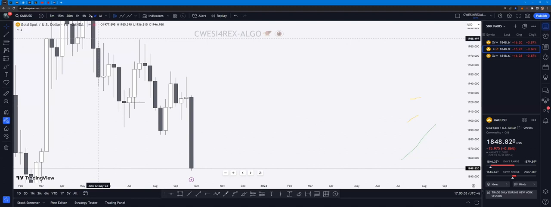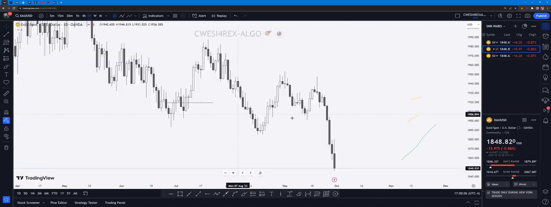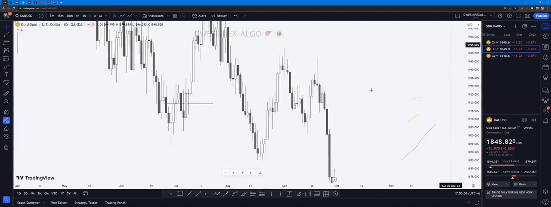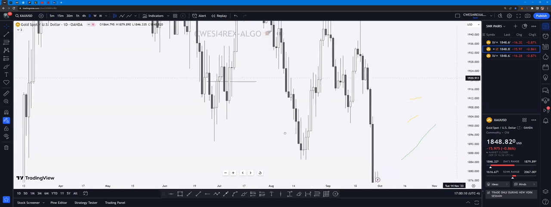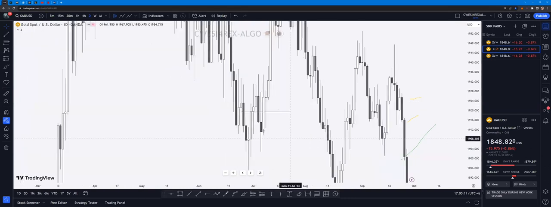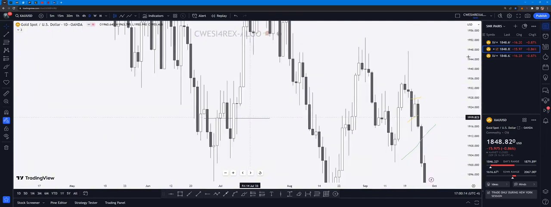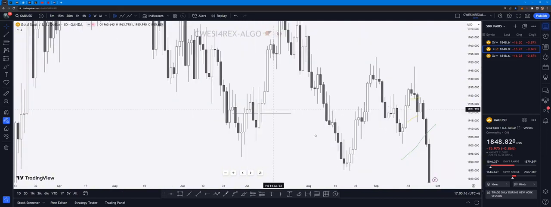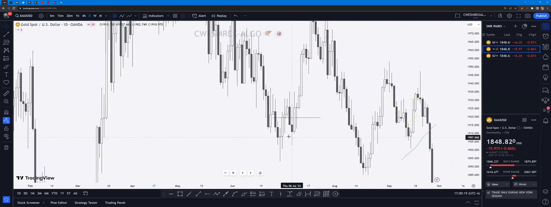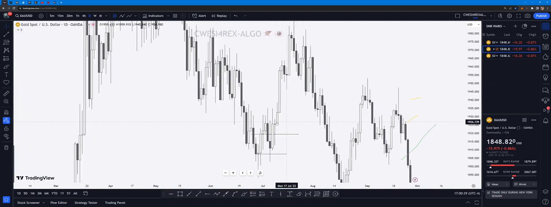Then on the daily time frame, this was a daily bullish storyline instead of the weekly. That's why price actually came somewhere over here, right? With the weekly, we just had a mitigation or rejection, and price started to push up.